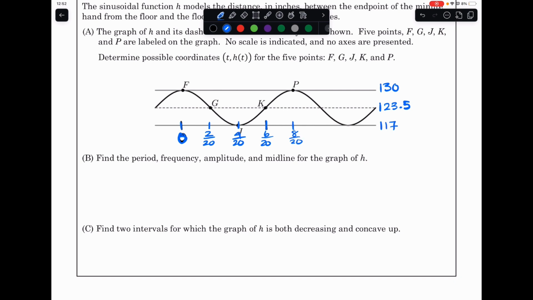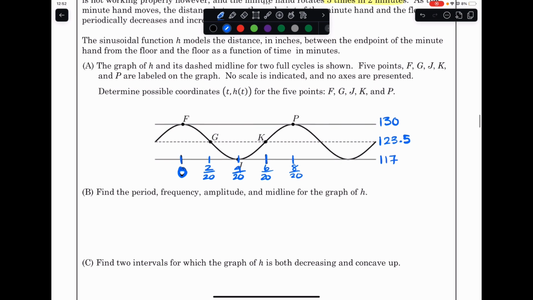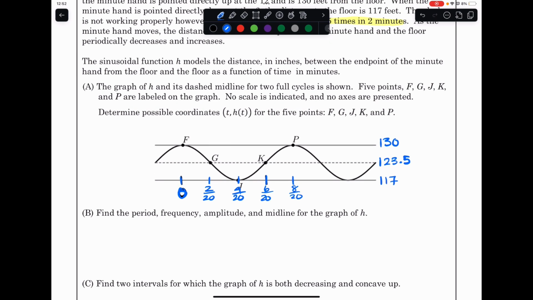Okay? So the coordinates of these things are the following. F has a coordinate of 0, 130. G has the coordinate of 1 over 10, 123.5. J has the following coordinate, 4 over 20. That simplifies to 1 over 5.